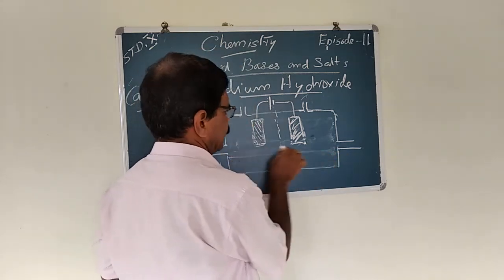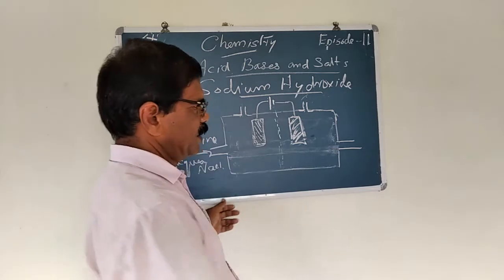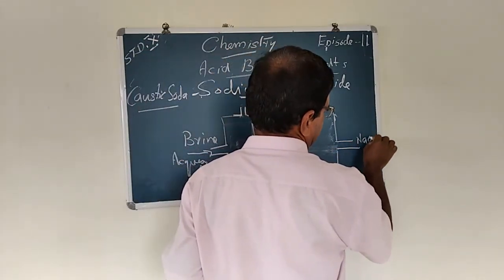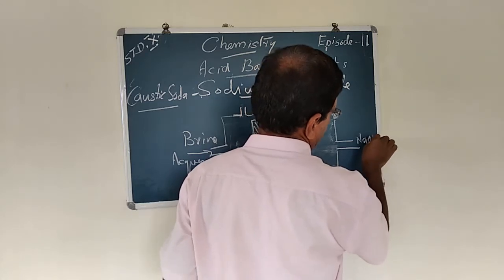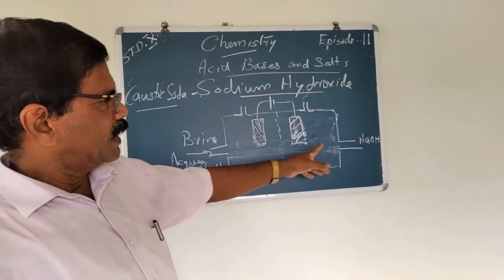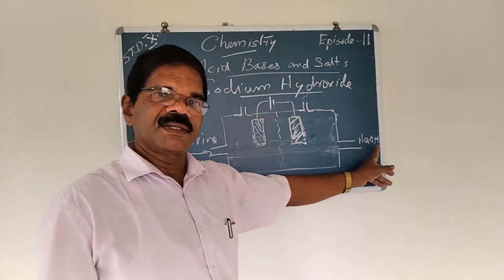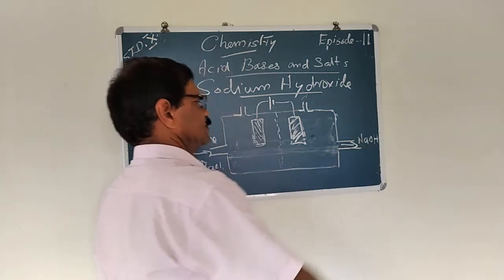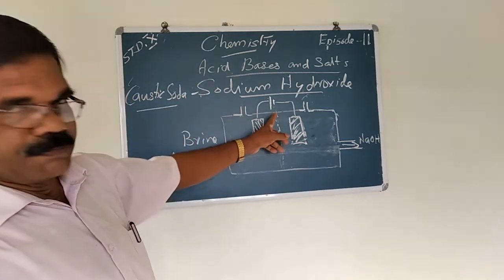At the bottom of the tank is the sodium hydroxide. Sodium hydroxide is collected and taken out from this tank. Here, please note these things.